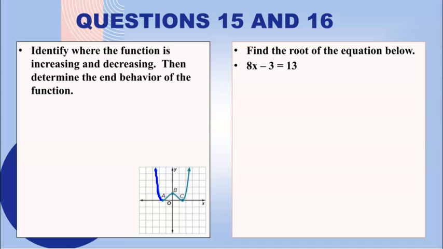So for that one, let's do decreasing. So it's decreasing compared to the x-intercept. So this x-intercept is at negative 1.5. So when x is less than negative 1.5, it's decreasing. It's also decreasing from B to C.